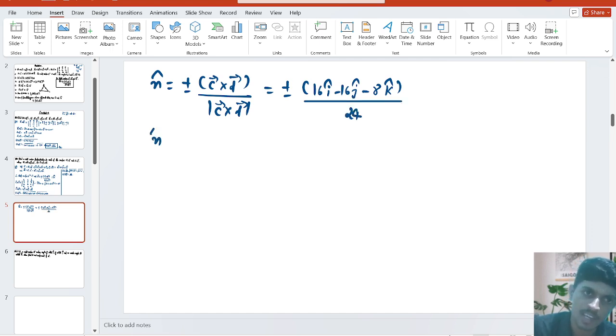Simplifying, n cap is equal to plus minus, taking a common 8 from the numerator, 8 times 2 I cap minus 2 J cap minus K cap, upon 24.